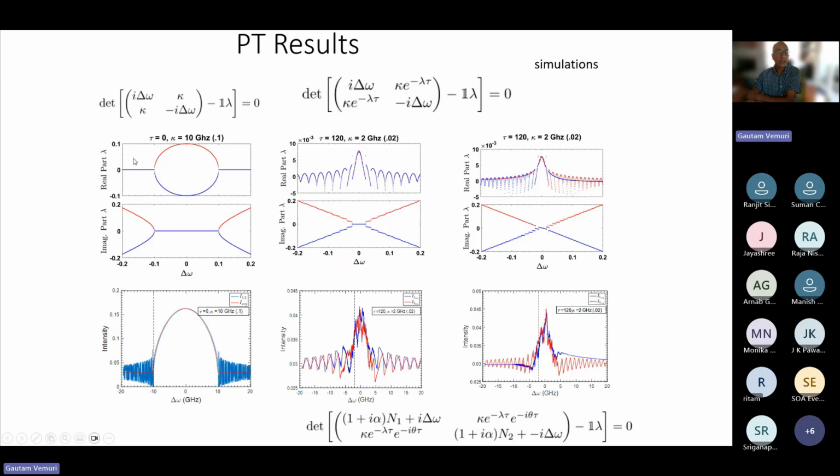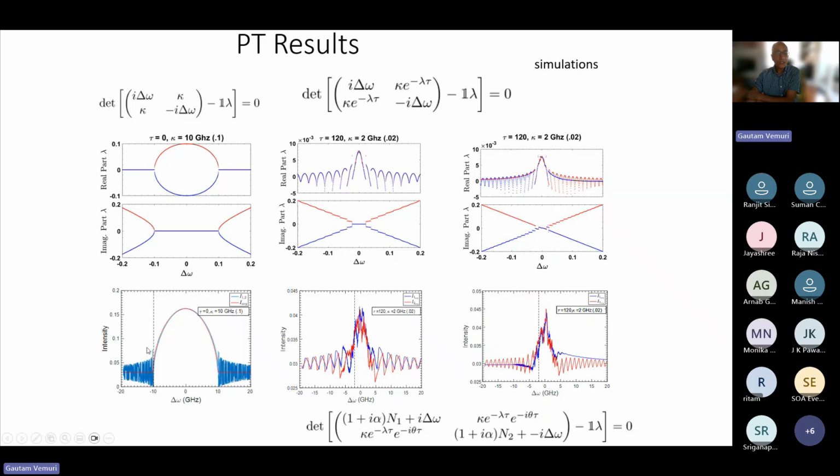I'm plotting the real part and the imaginary part of the eigenvalues as a function of delta omega, for a specific value of kappa. And remember, kappa is 0.1, so exactly at 0.1, the real part becomes non-zero and the imaginary part becomes 0. This is all expected behavior.